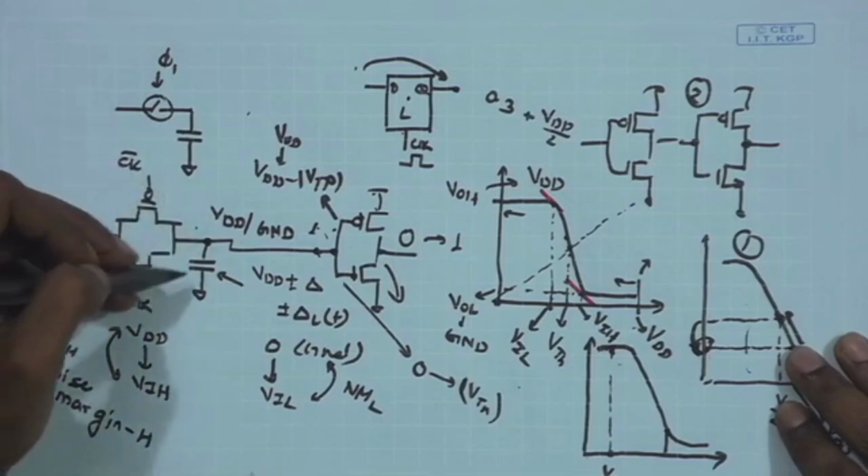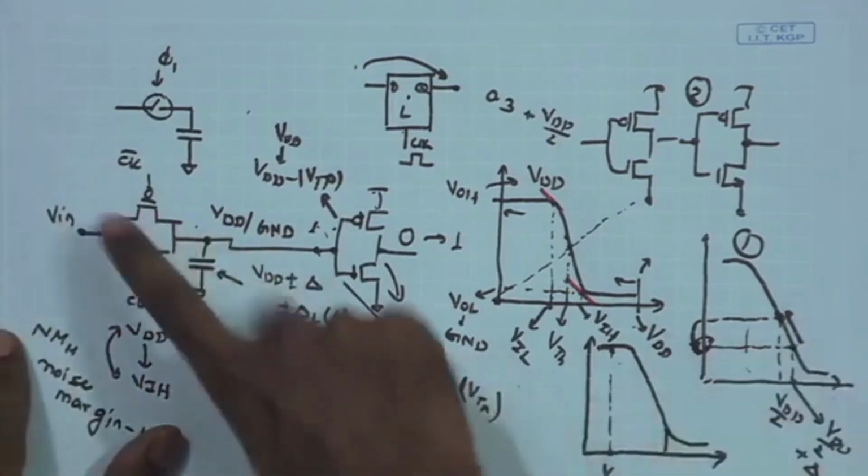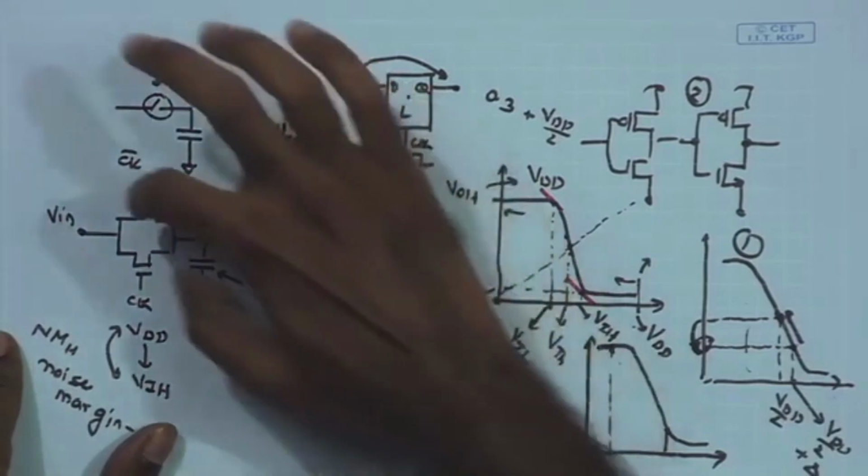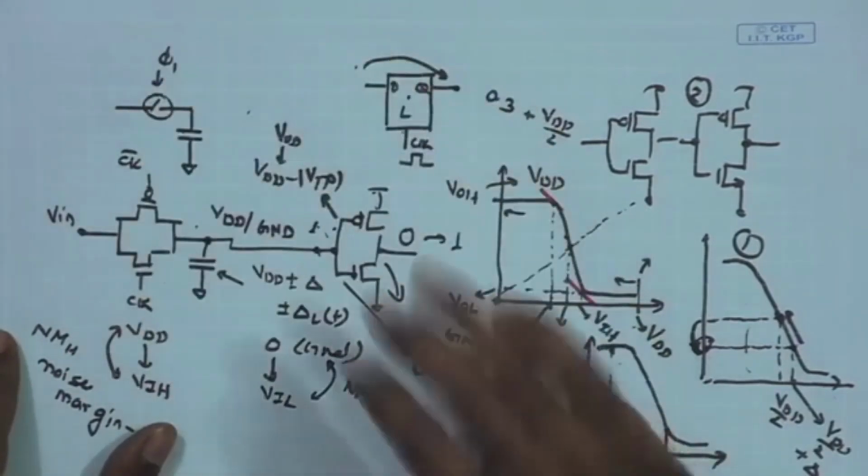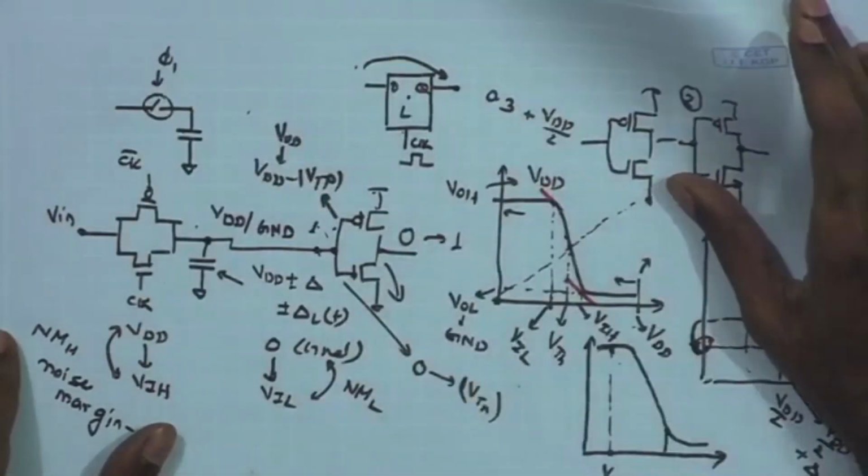Out of this, if we want to construct a flip flop, I can cascade two such latches. So, I can put two such latches in series, just like we did for the block level implementation. I can put two transmission gates.